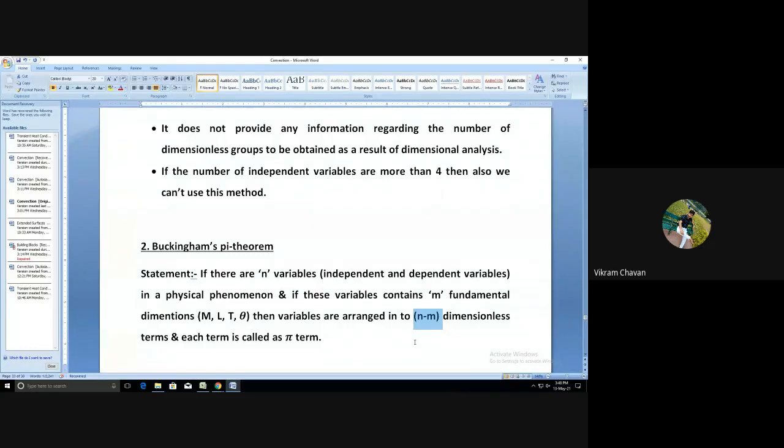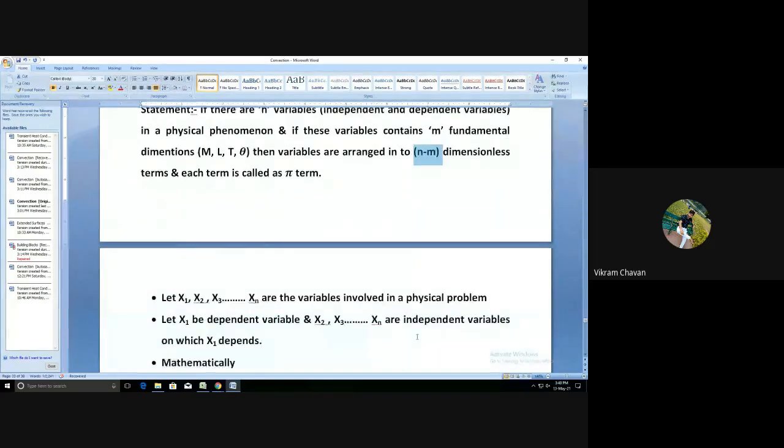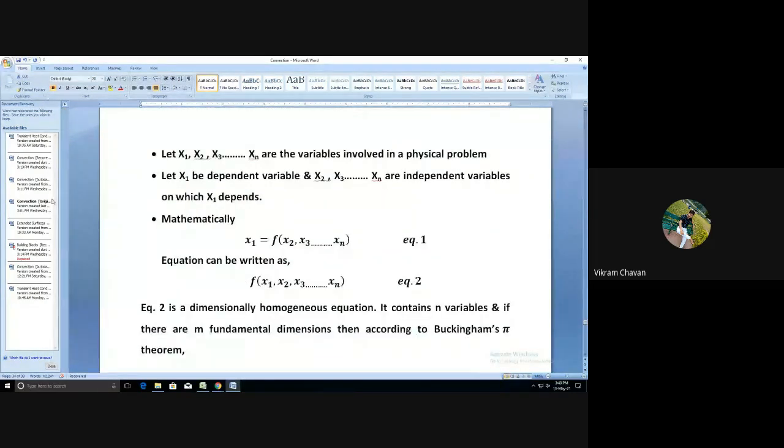Getting everyone? Okay, each term is called a pi term. Full stop. Now we are going to consider x1, x2, x3 up to xn.